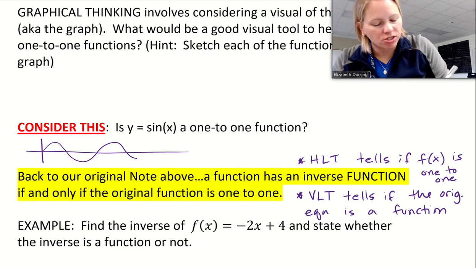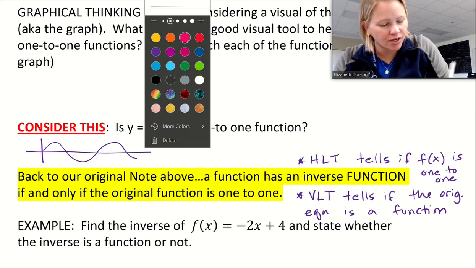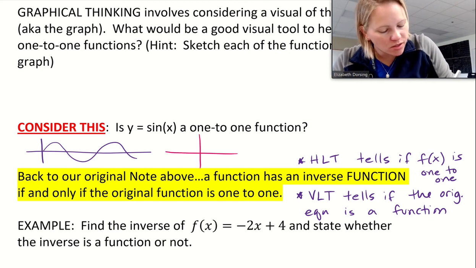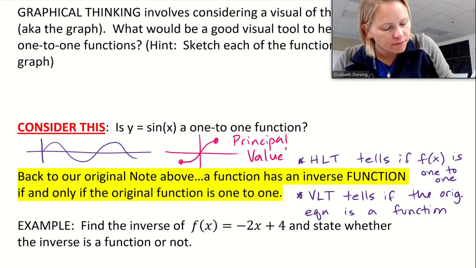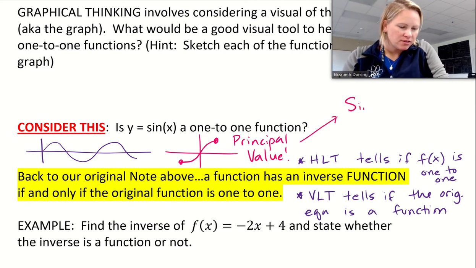Here's just a little bit of relation. Let's relate this back to pre-calc or trigonometry or whatever course you took prior to calculus where you learned about the unit circle. You also should have learned about something called a principal value. And the principal value allows us to have y equals capital S sine of x.